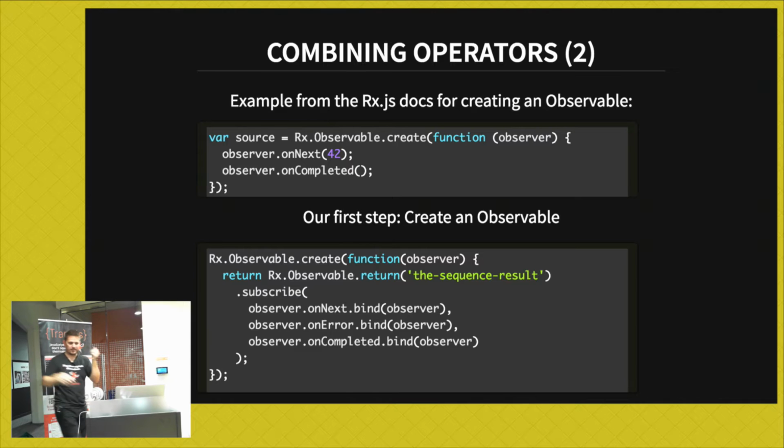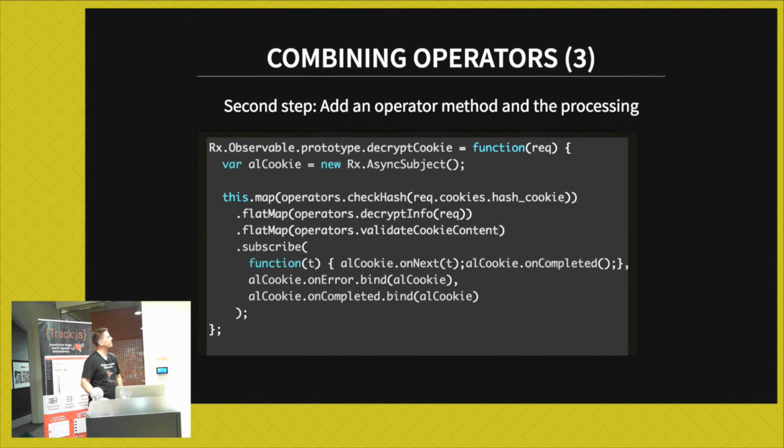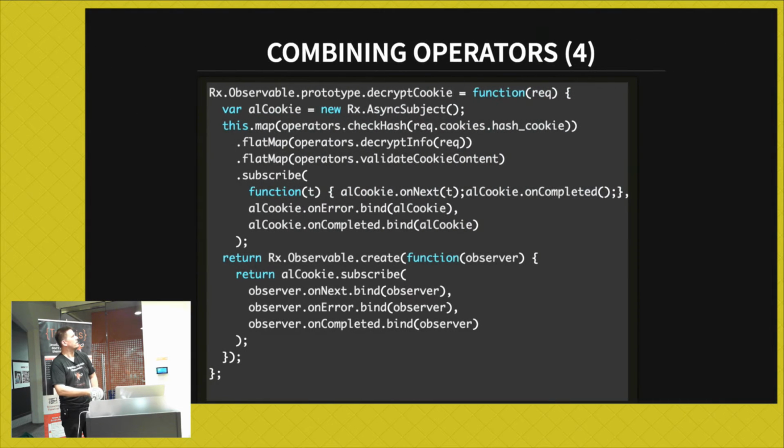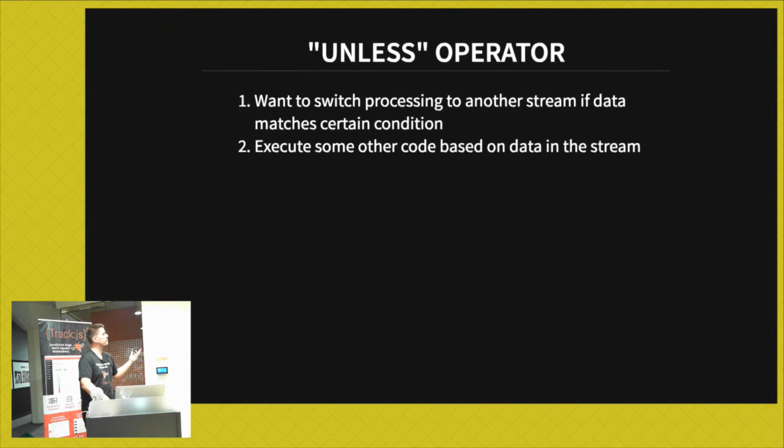Right? So that's what the onNext does. So we're creating our observable and we're returning it. And then what we're doing here is basically into the observer, we're passing down the onNext, onError, onCompleted. So we're just creating basically a new container. Did that answer your question?